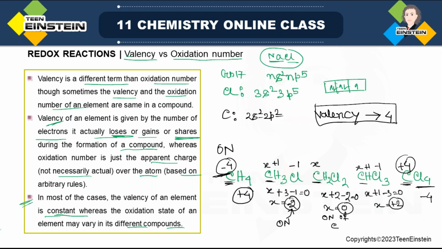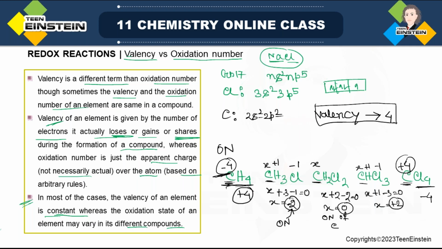So in this case, carbon is sharing 4 electrons always. Whether it is CH4, in this case also it is sharing 4 electrons in the 4 CH bonds. In CH3Cl also it is sharing 4 electrons, 3 with 3 hydrogen, 1 with 1 chlorine atom. In CH2Cl2, carbon is sharing 2 electrons with 2 hydrogen, and the rest of the 2 electrons with 2 chlorine.